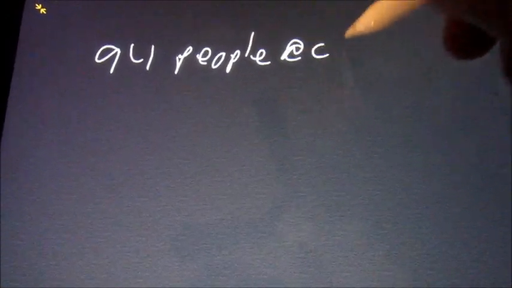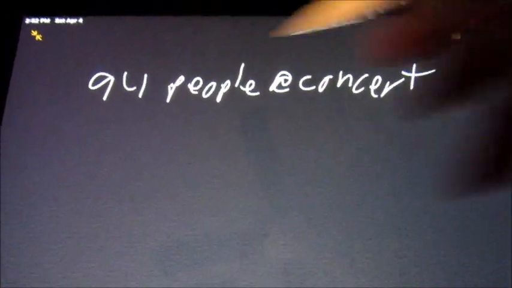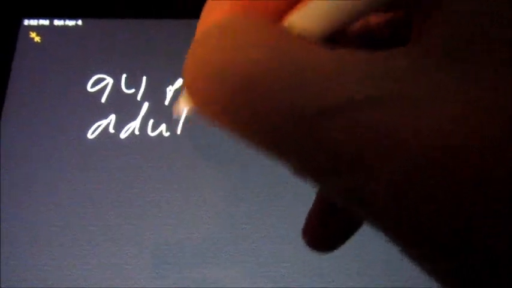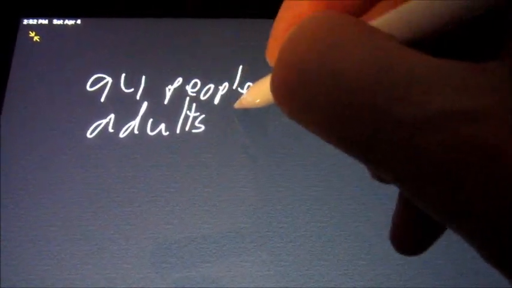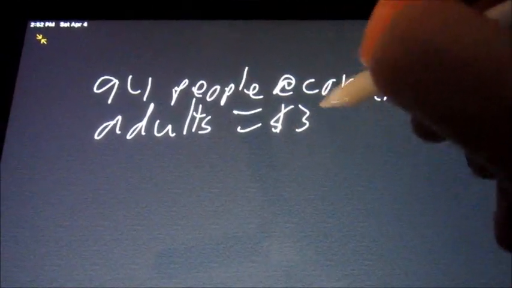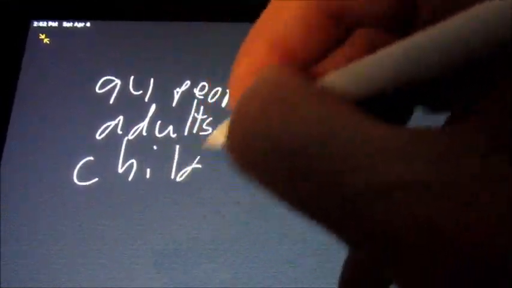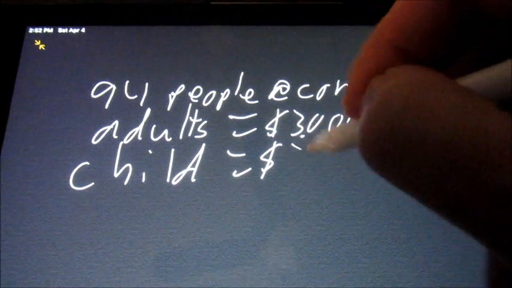The next one is going to be that there are 94 people at a concert. Adults cost $3, and the child ticket is $2.25.